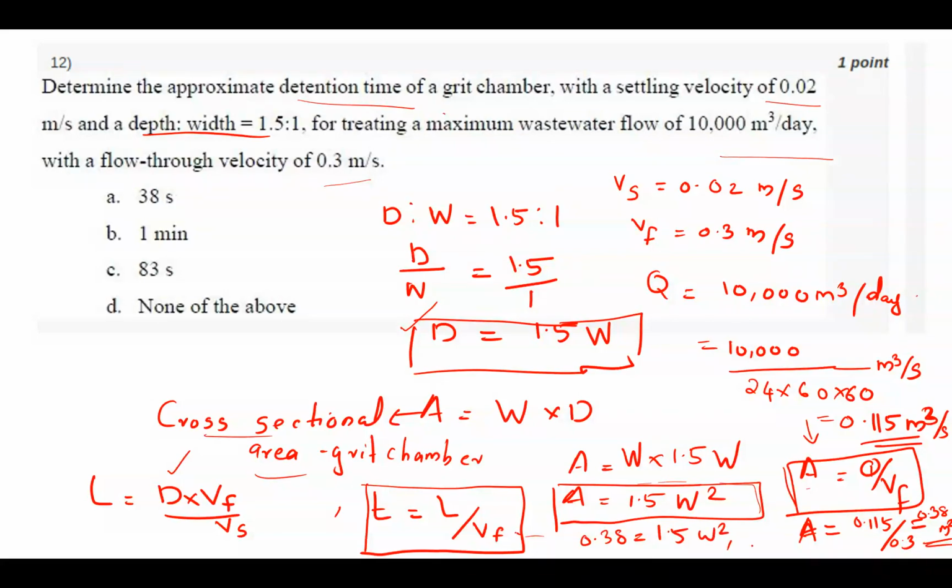From this equation we get the width. Width is equal to 0.38 divided by 1.5, then you take the square root.